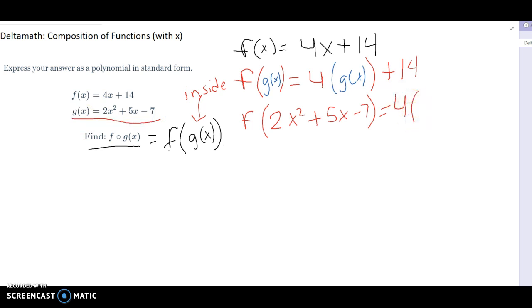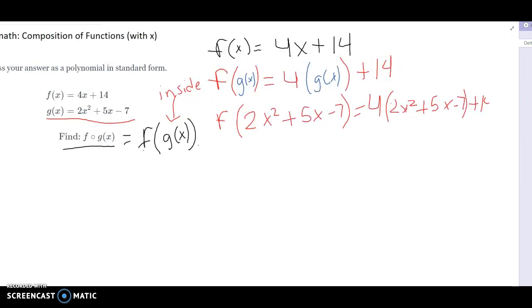And now I'm going to be multiplying it by all this. 2x squared, 5x minus 7. I apologize, my bad handwriting. And I still have the plus 14. Let me actually write that better.